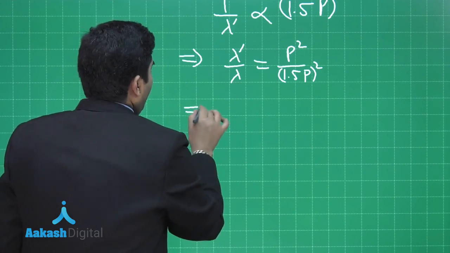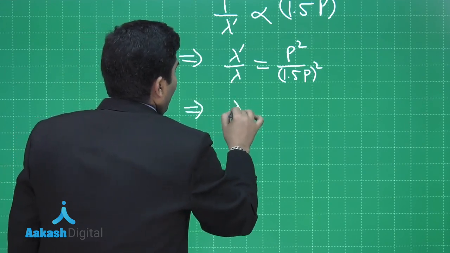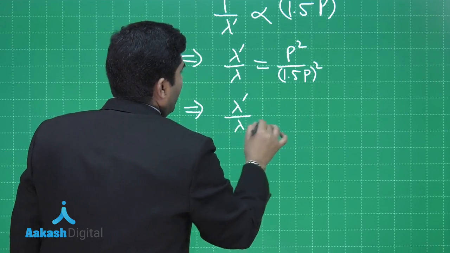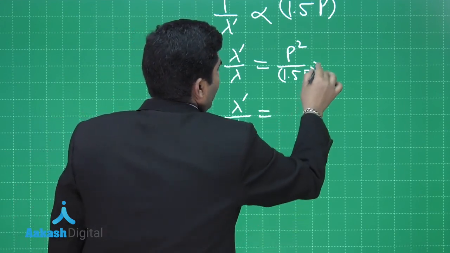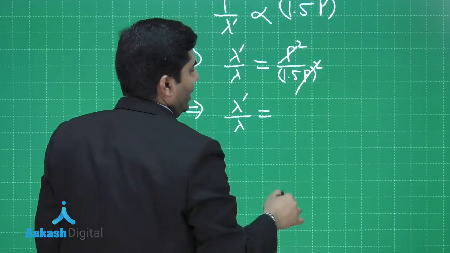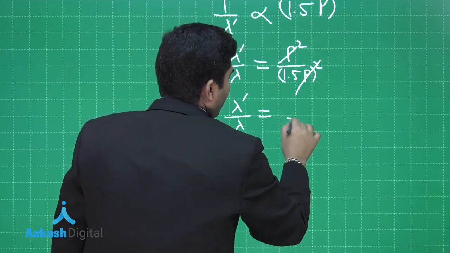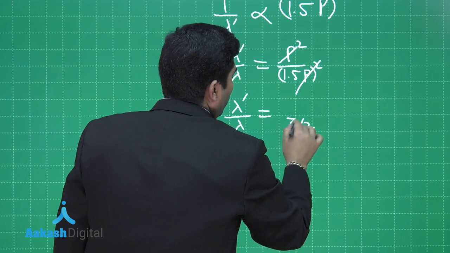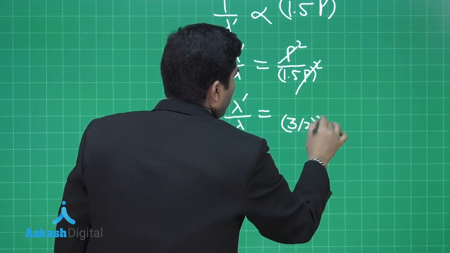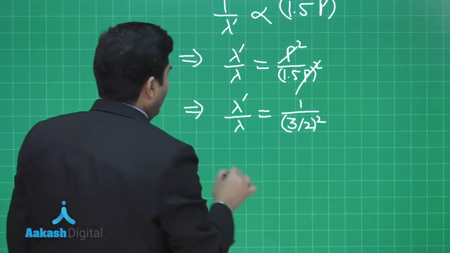And p square will get cancelled, and 1.5 we can write as 3 by 2 whole square, right?